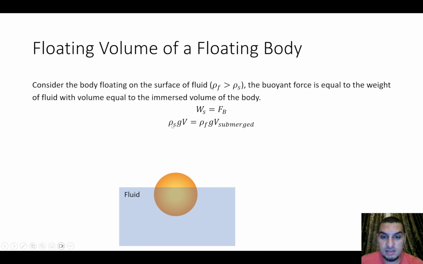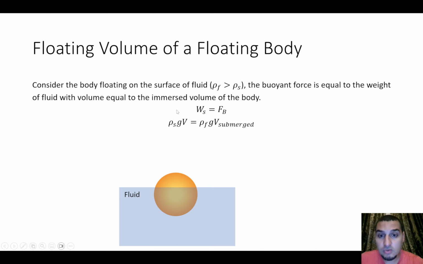And the weight is rho of the solid body times g times V. Keep in mind that the weight has nothing to do with the fluid. It 100% depends on the solid body. So whether it's in air, in water, sinking, or floating, it doesn't matter. The weight is weight, as long as it's on Earth.